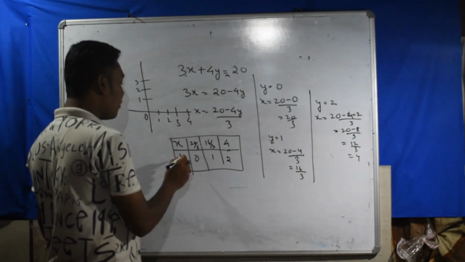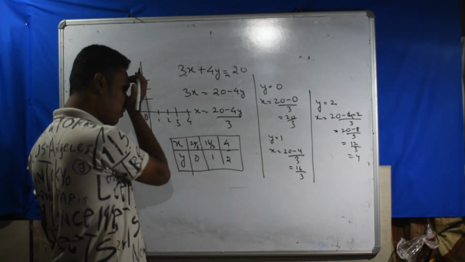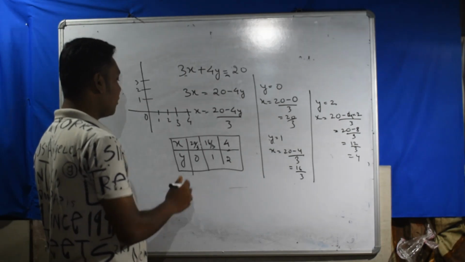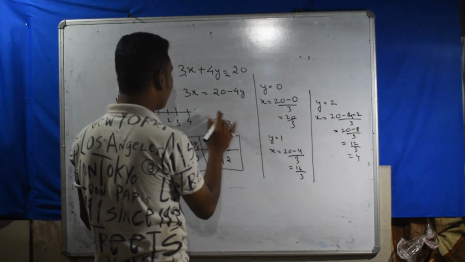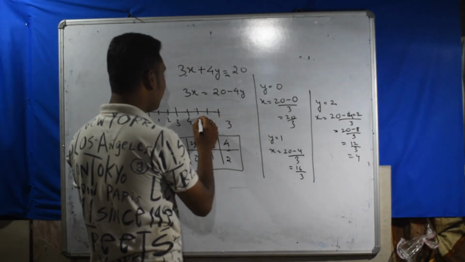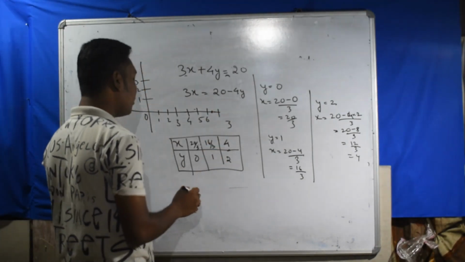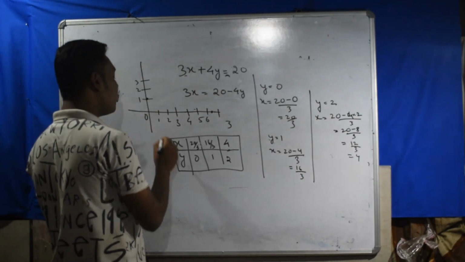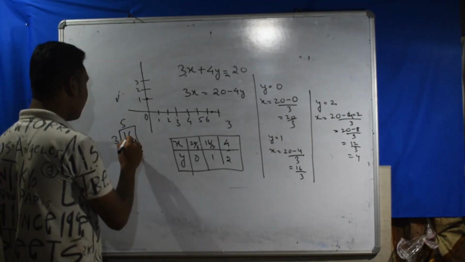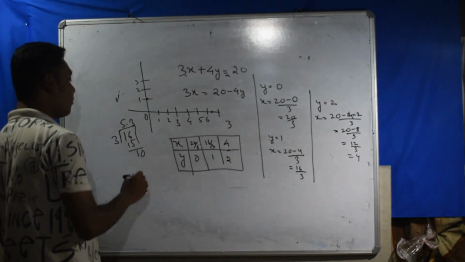First we have 0, 20 by 3, which is 6 point something, 6.33. Here it will be 16 by 3 for y equals 1, which is 5.33.